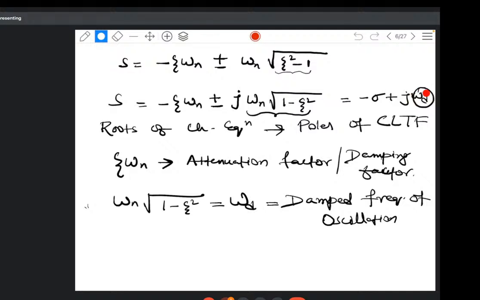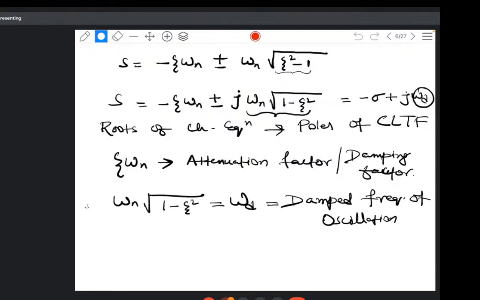So if somebody asks you what are the roots of the characteristic equation of a second order system, then the roots of the characteristic equation of second order system is minus zeta omega n plus minus omega n under root 1 minus zeta square. Okay, where zeta omega n is represented as attenuation factor or damping factor.